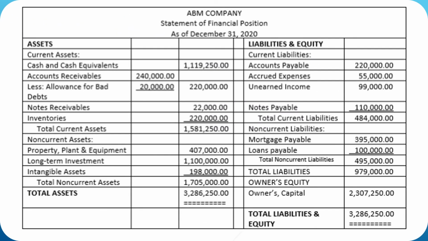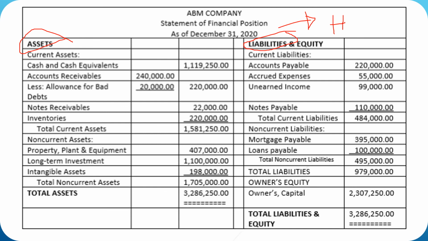So here we are. This is the summary. So what do we call this one here? This one is, what do we call this one? Heading. Okay, so this is the heading part. And then we have here the assets, and then the liabilities.